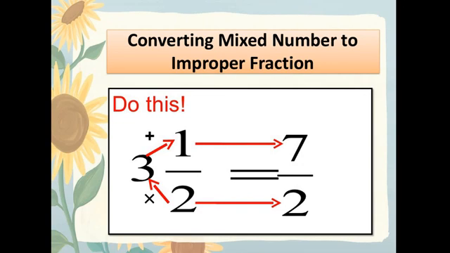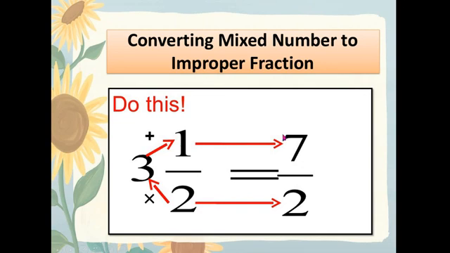Now, how to convert mixed number to improper fraction? Example, we have mixed number 3 and 1 over 2. To change this to improper fraction, you have to multiply the denominator to the whole number and then plus the numerator. Example, 2 times 3 is 6 plus 1 is 7.